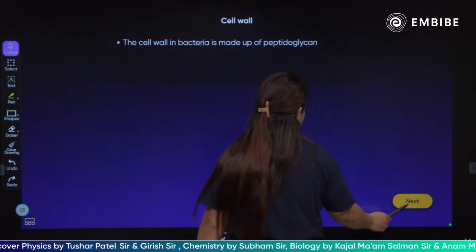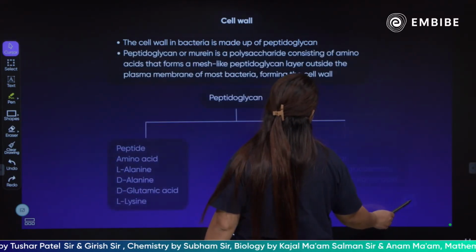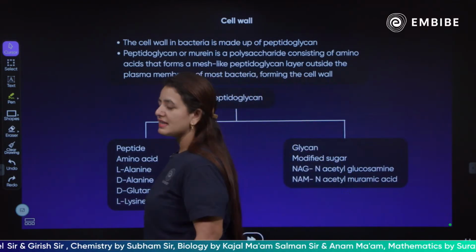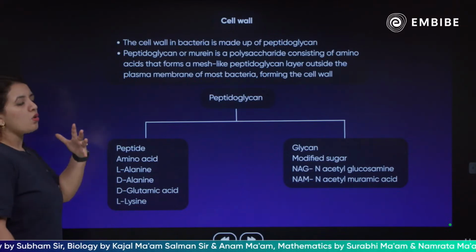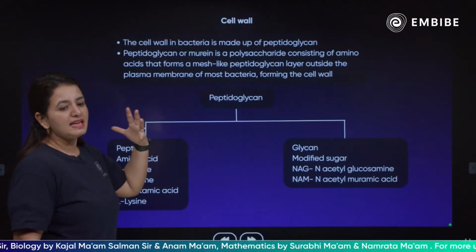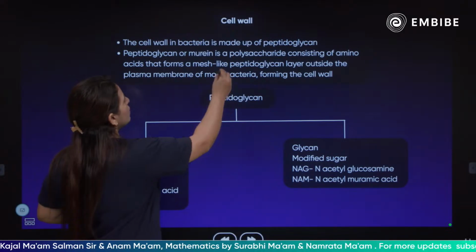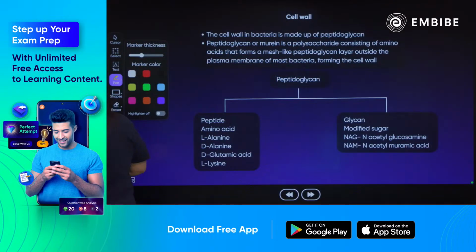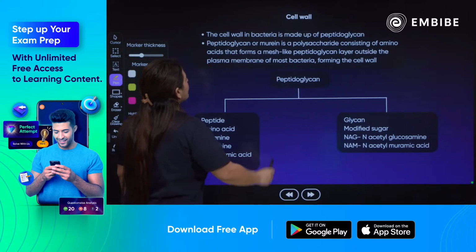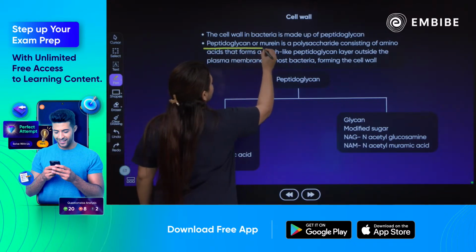When we talk about bacteria, it is absolutely important to know what the Monera cell wall consists of. The whole bacterial cell wall is made up of peptidoglycan. What is it?